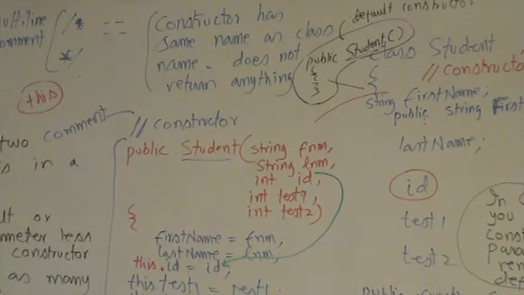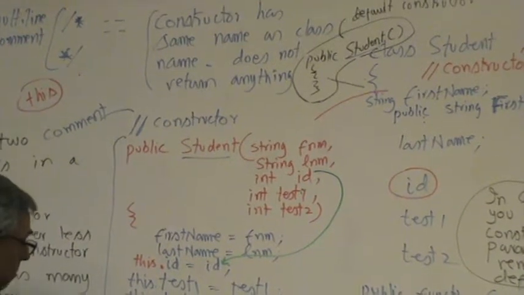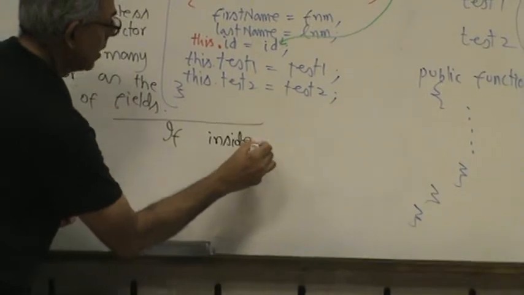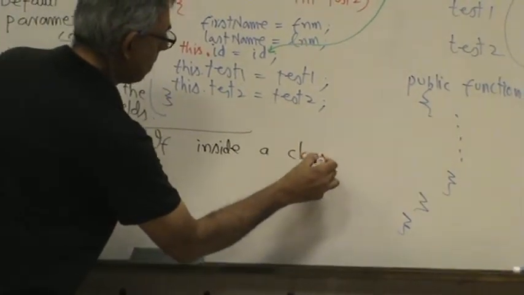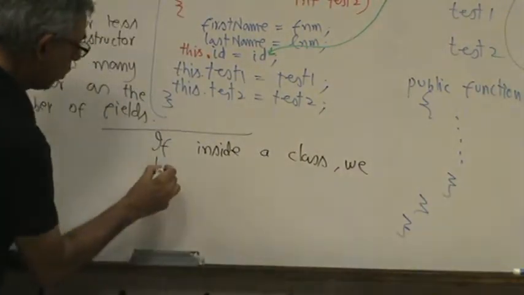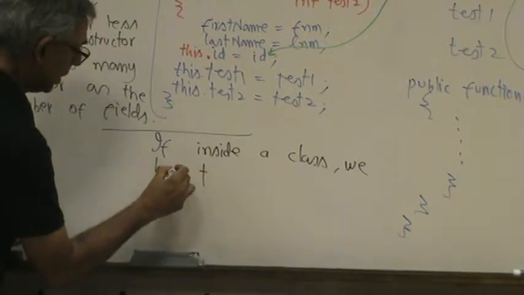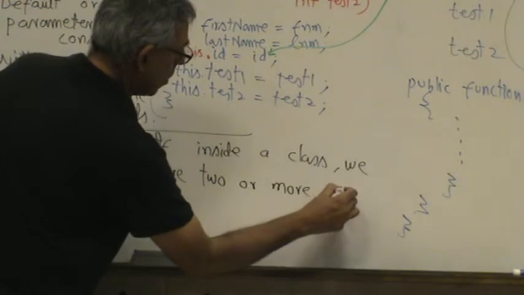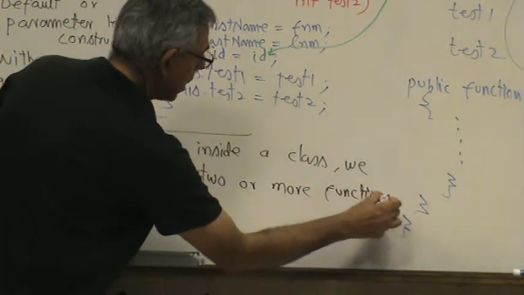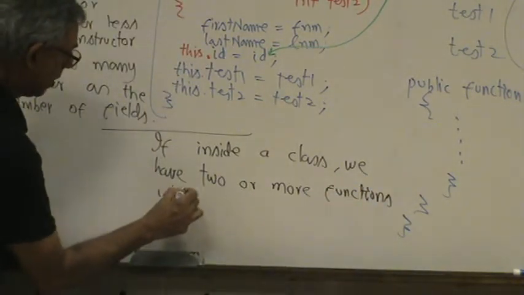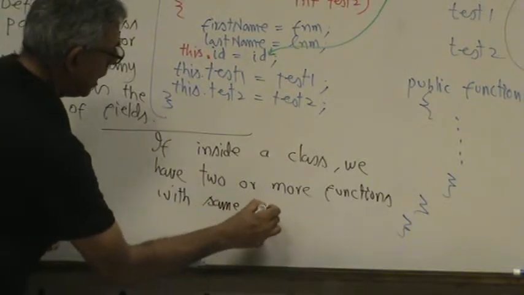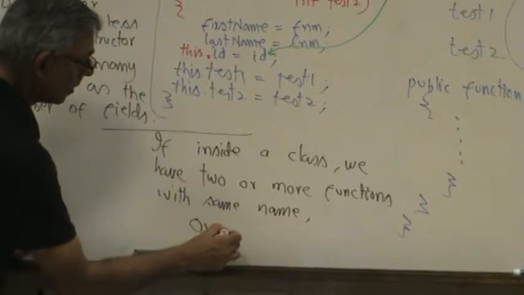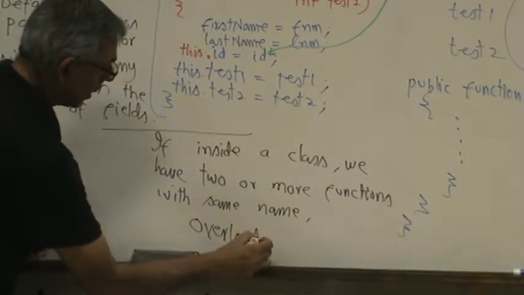So anytime we have two functions with the same name, so if inside a class we have two or more functions with the same name, this concept is called overloading a function.